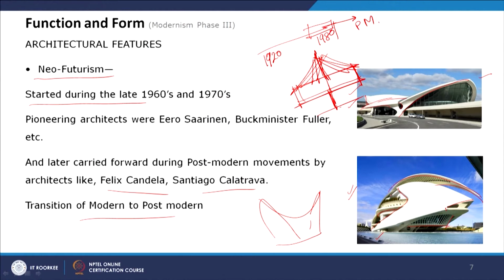If you look at this huge overhang which does not have a support, a cantilever, you will try to realize how the structural capacity of a particular material was used in this design.